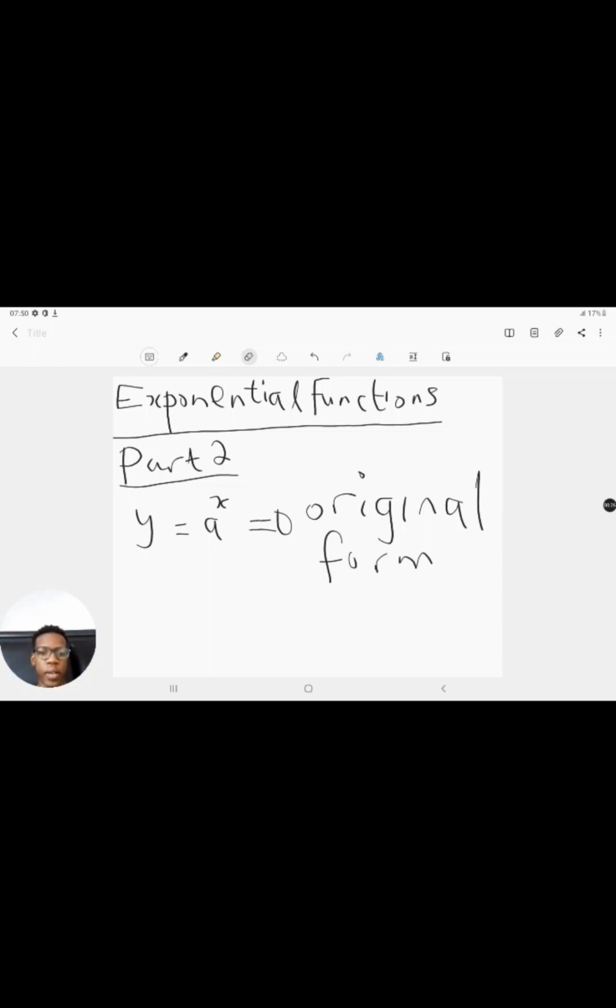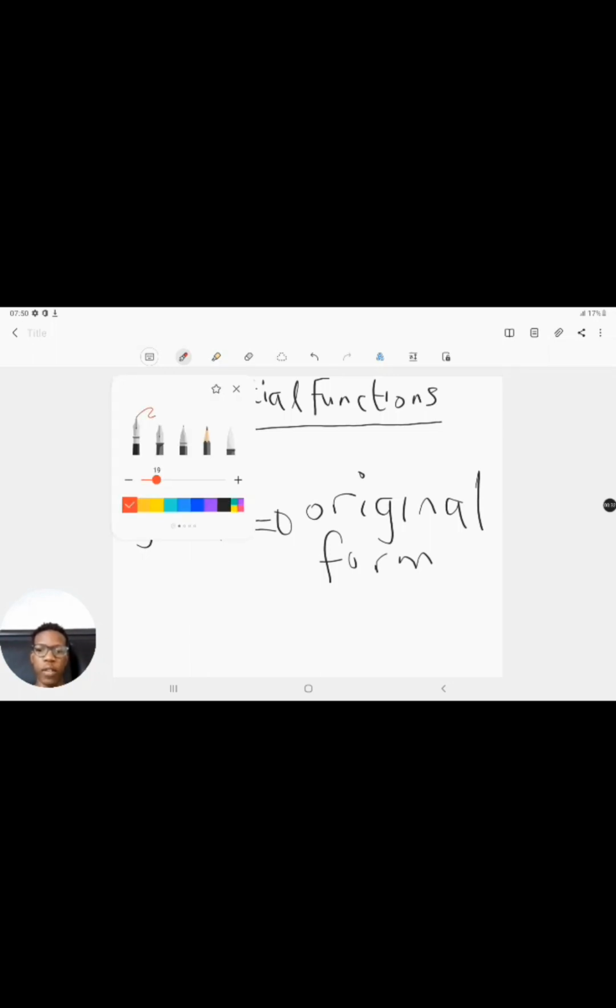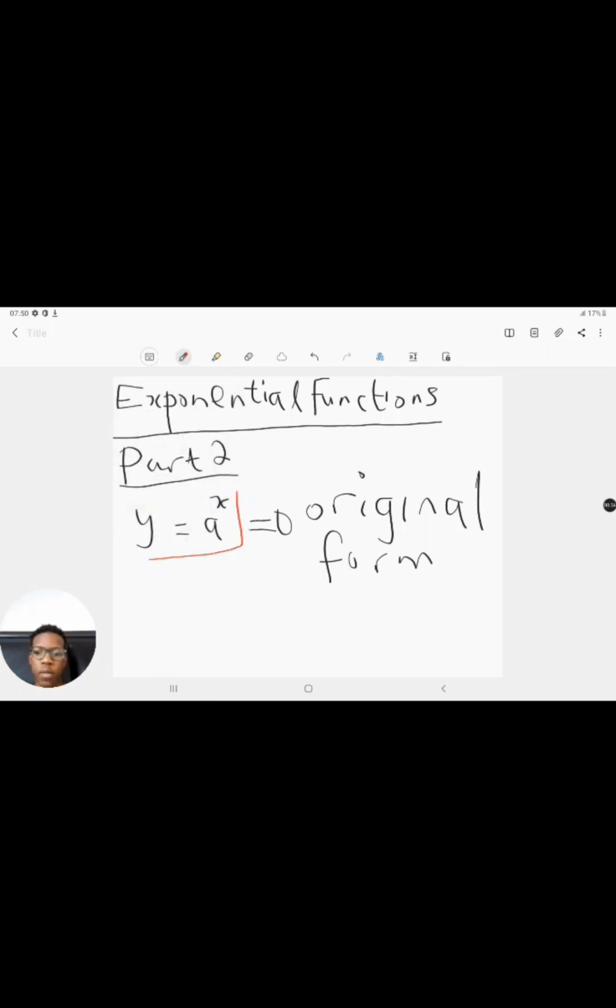Remember that from our previous video we had the standard form. We had what I called the original form for the exponential function, and the original form is the form that you see here. Y is equal to a to the power of x. This is the original form. I call it the original form because it's the simplest form that you're ever going to get for your exponential function.